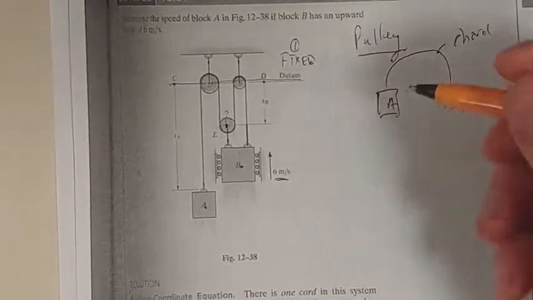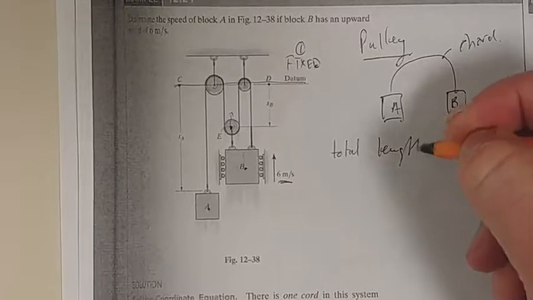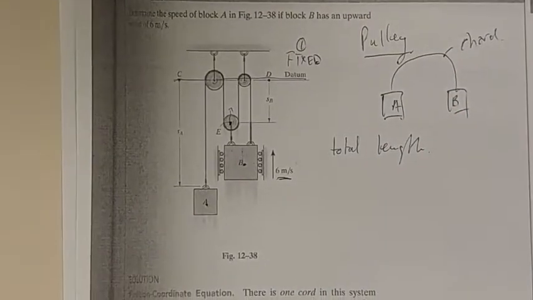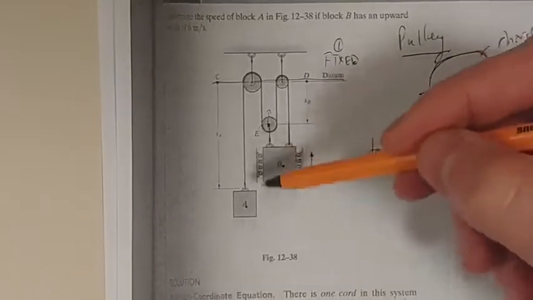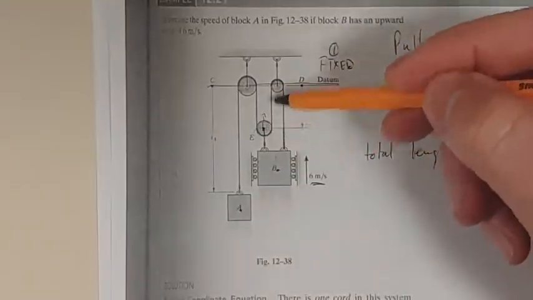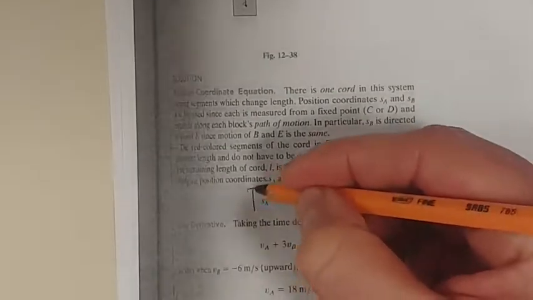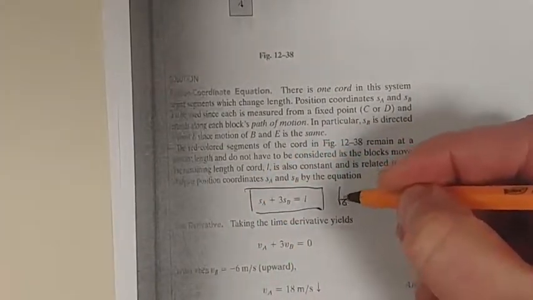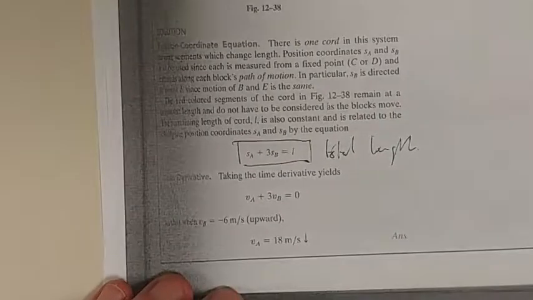Remember what we're always trying to do: get the total length of the problem, the total length of the cord. We've got SA plus 3SB, and that's your total length.